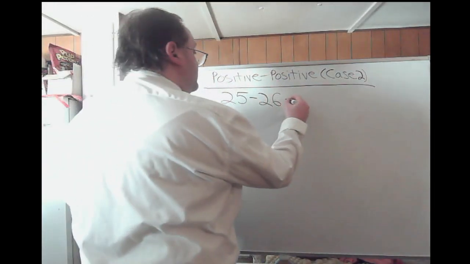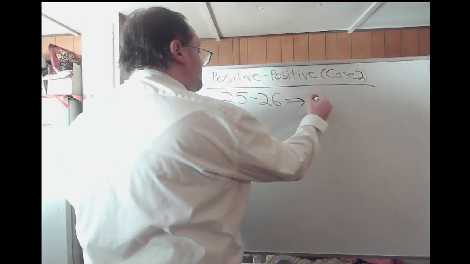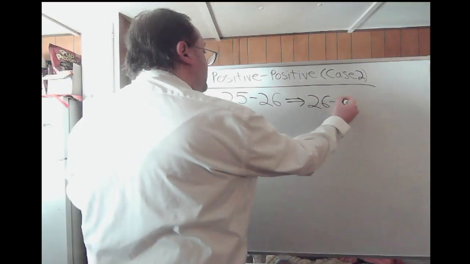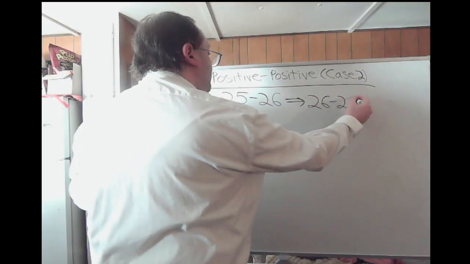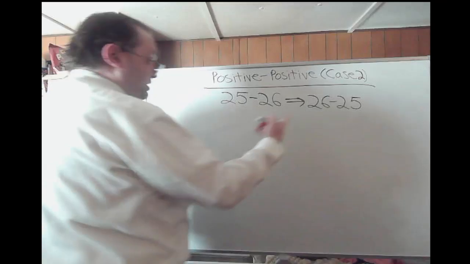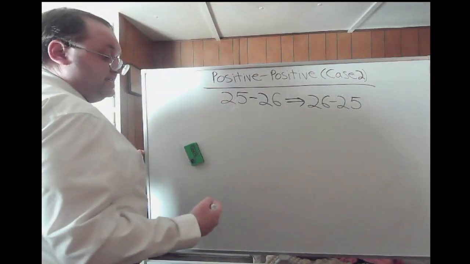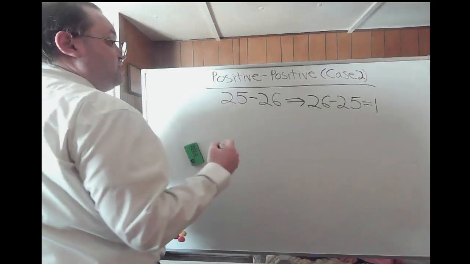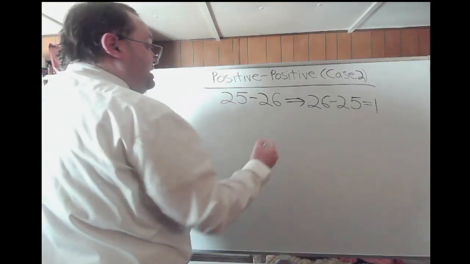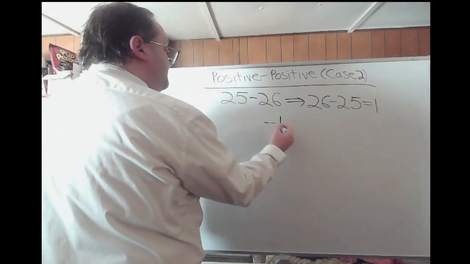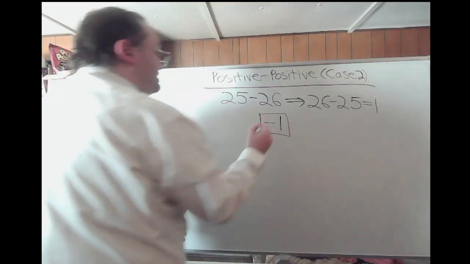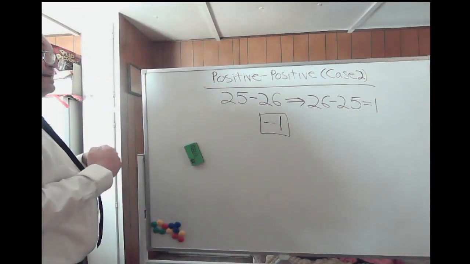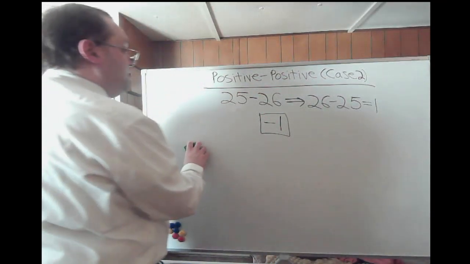So again, what you could temporarily do is switch them around, make it 26 minus 25, which a classic subtraction problem of 26 minus 25 is equal to 1. But we've determined the result's going to be negative, so you slap a negative sign in front of the 1. You'll get an answer of negative 1. That would be your answer, negative 1.